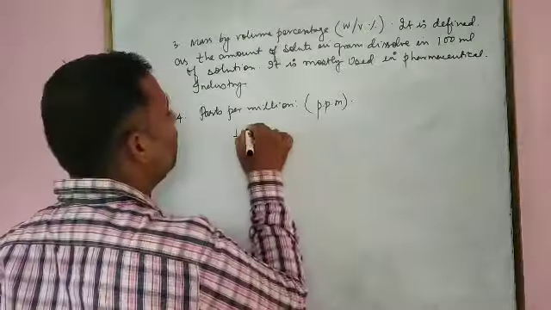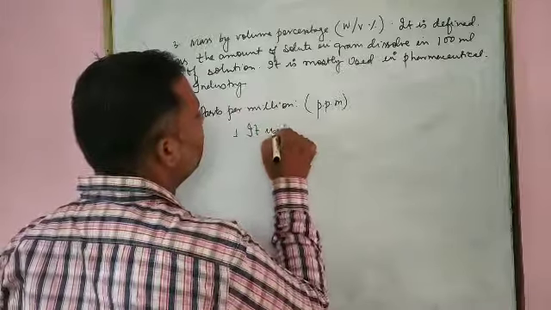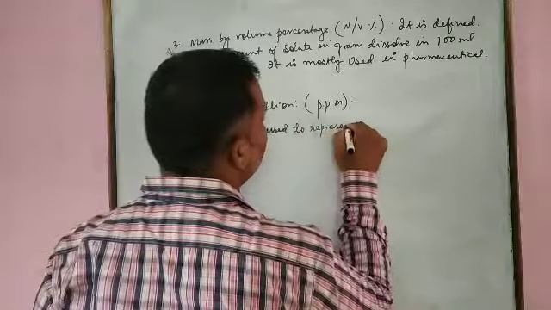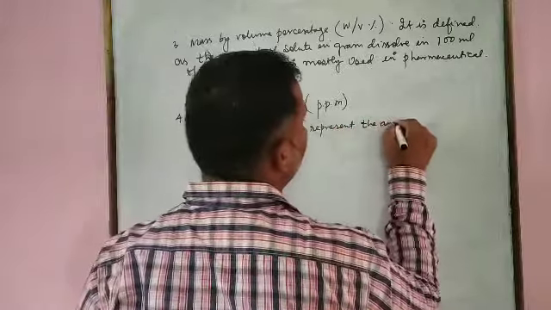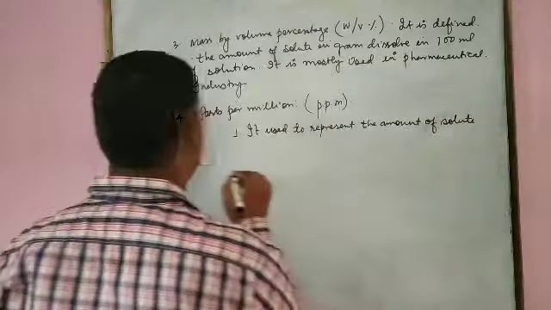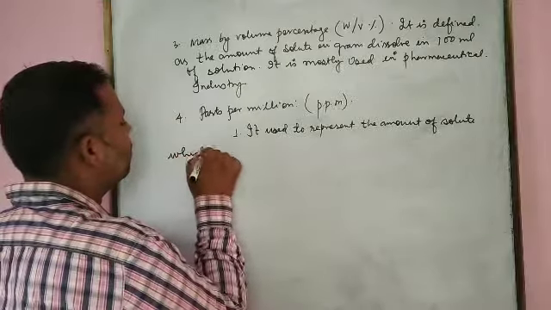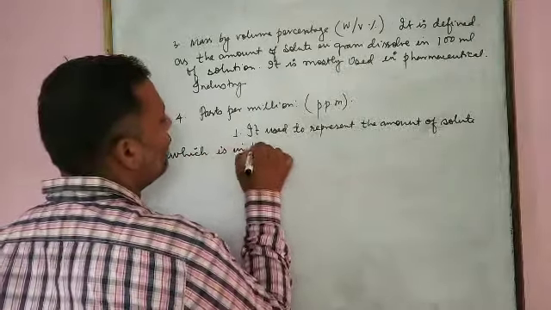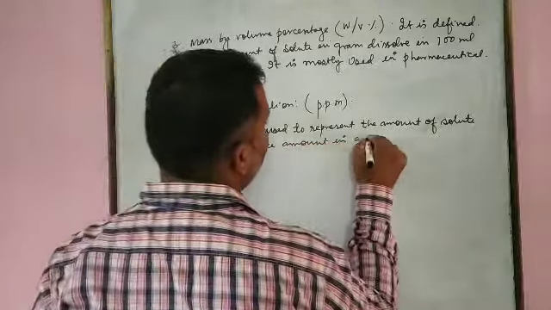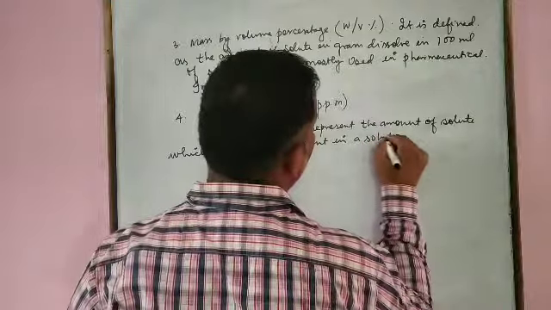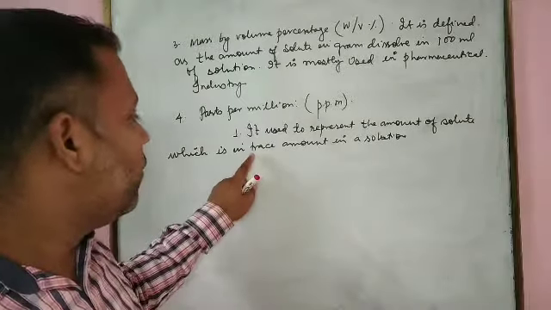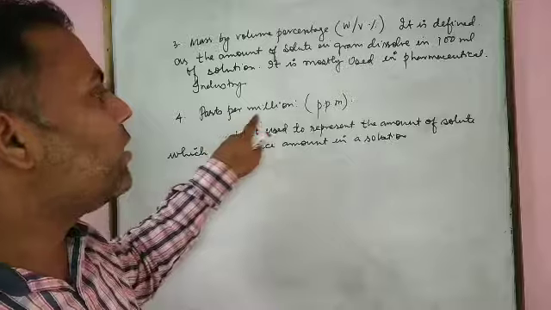So first, it is used to represent the amount of solute which is in trace amount in a solution. When the solute is in trace amount, we represent it by parts per million.